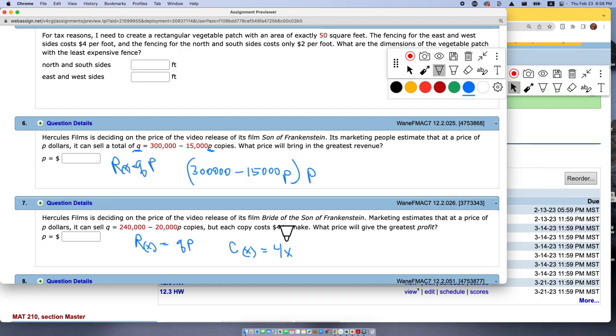It costs $4 to make each copy. How many copies are we going to make? Well, again, that's determined by price. So actually in this case, it would be 4Q. So you take that whole function times 4, that's going to be your cost. How do we get profit?